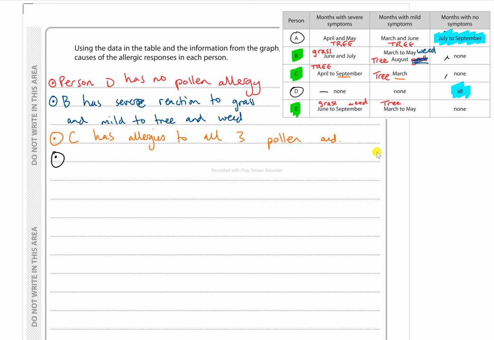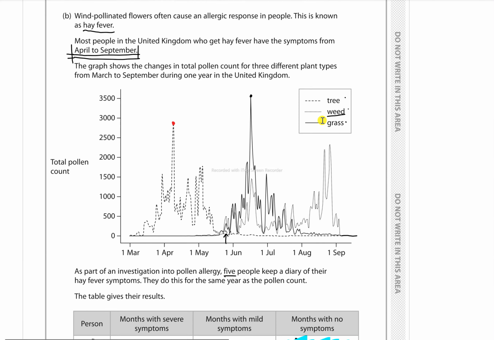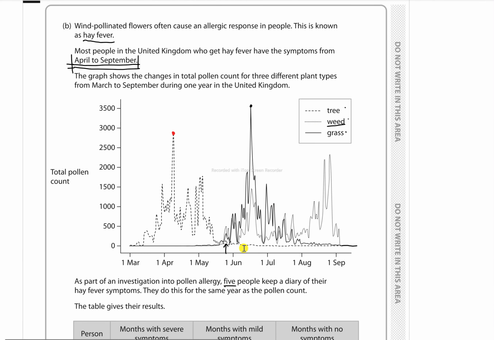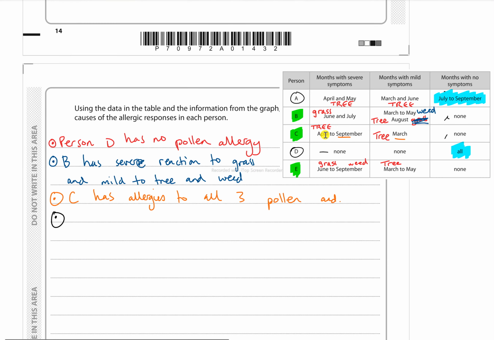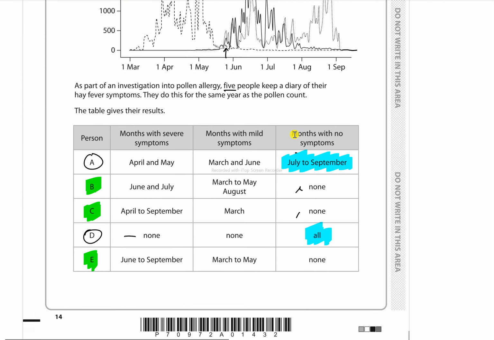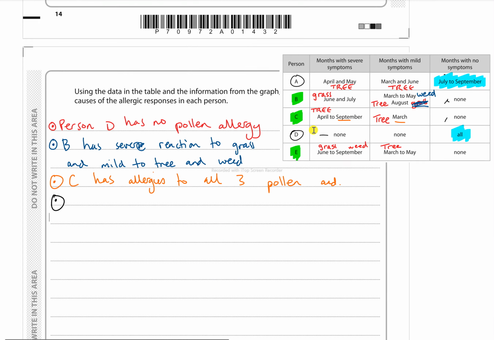Right, we're after now. What about E? Grass, weed. Grass and weed. June to September. Where's June? All the way to September. So okay, so it'll be grass and weed. Yeah, and a mild.